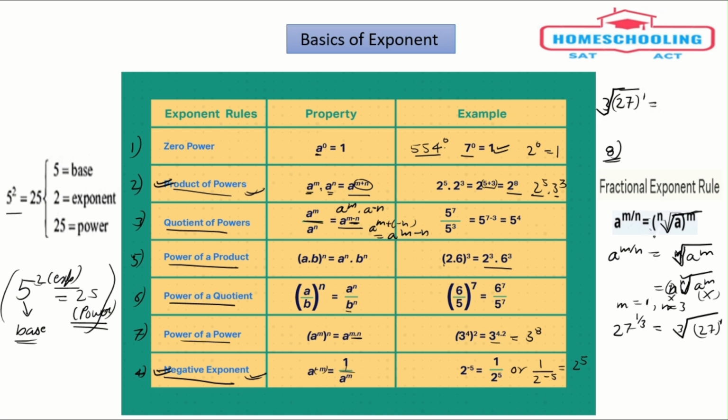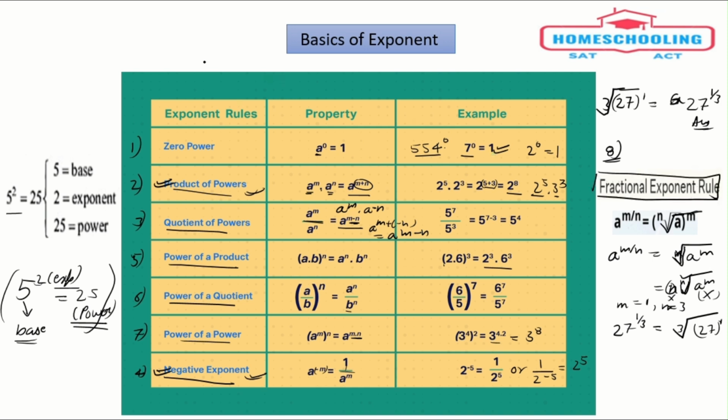So this is your equation here, and we can convert it like this: a is your 27, m is your 1, and n is your 3, so 27 to the power 1 divided by 3. So this is your last rule, the fractional exponent rule.